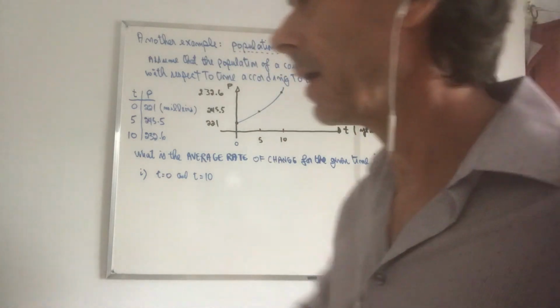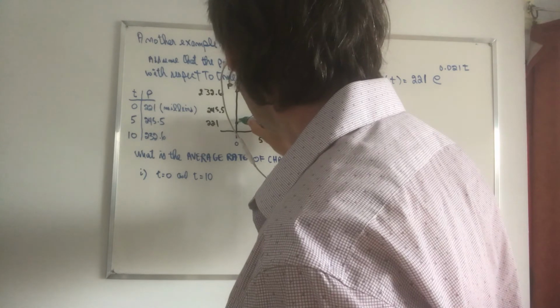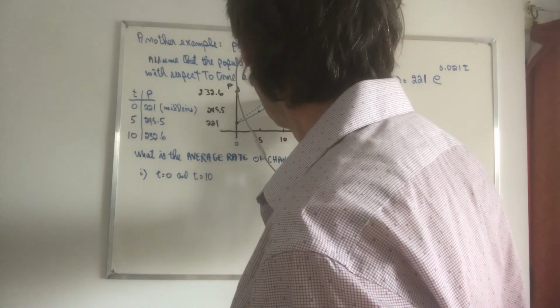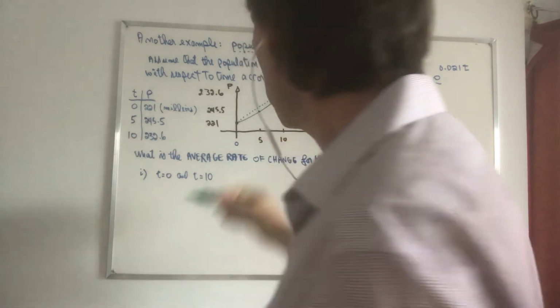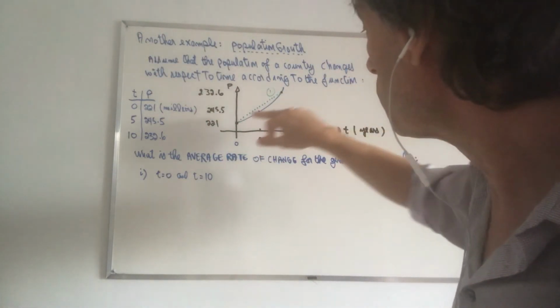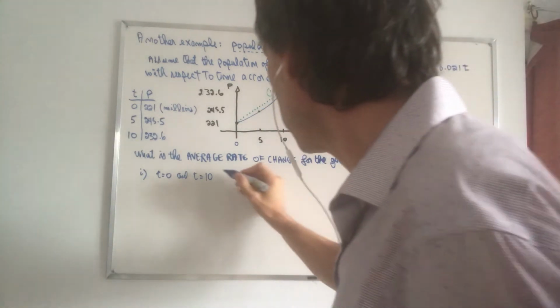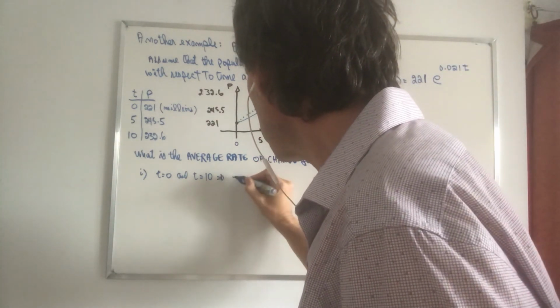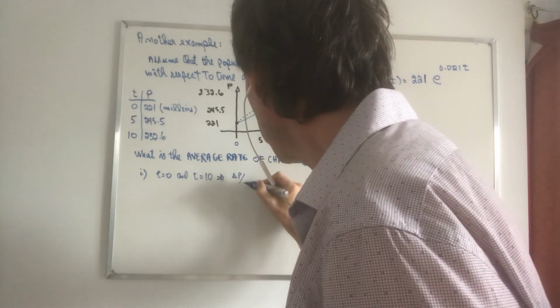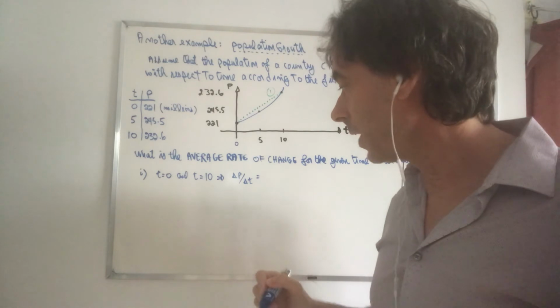So basically, what I am doing here is taking a line, let's call it line number 1. I'm connecting 0 and 10, and I want to figure out what is the slope of that line. So the answer is delta P over delta T, the change in population divided by the change in time.